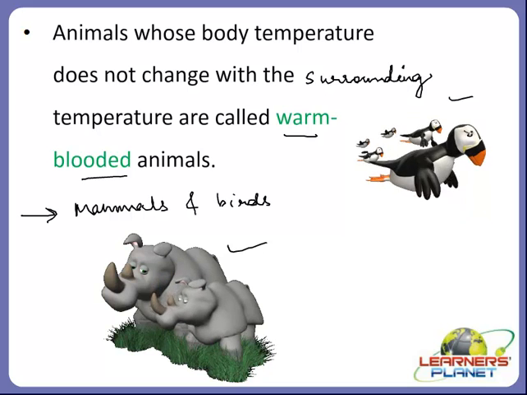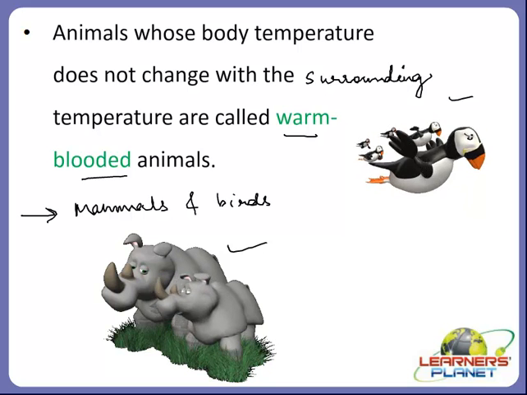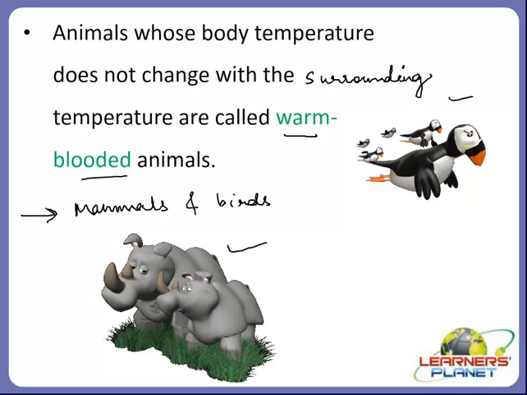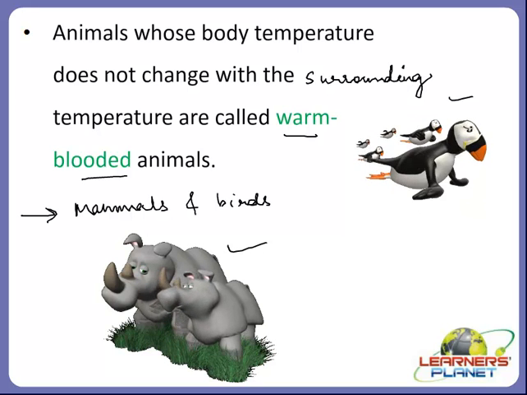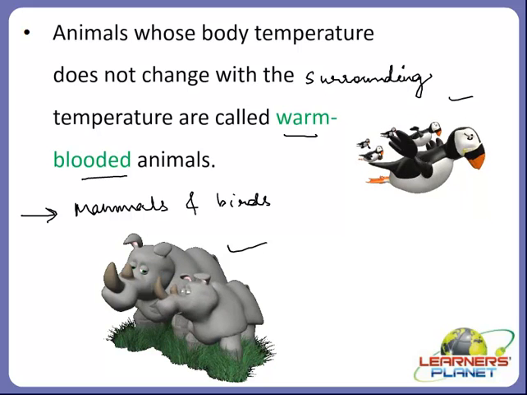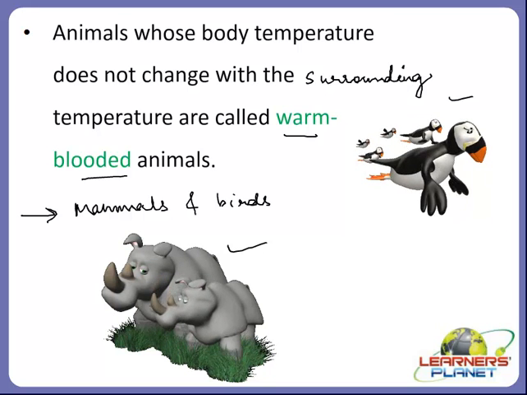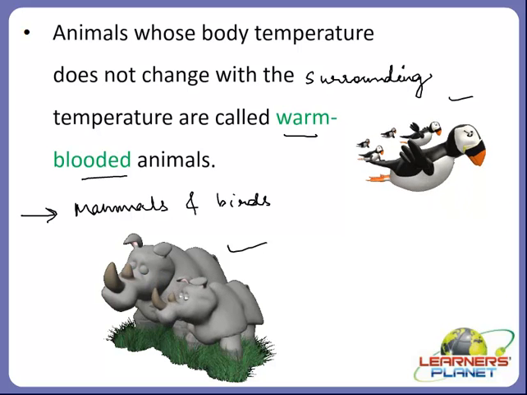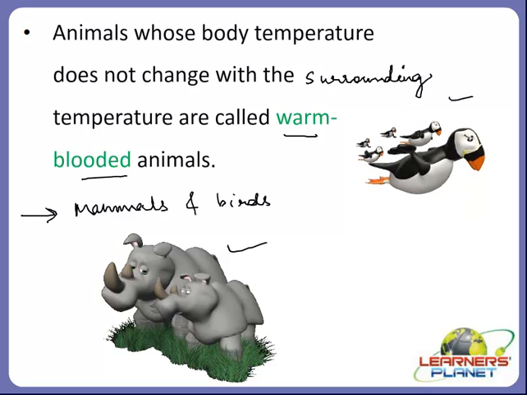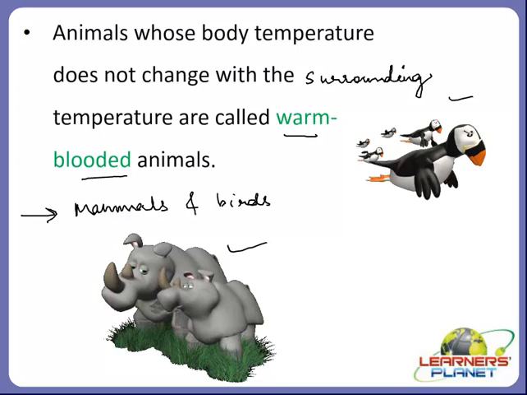So students, there are some other mammals too, like the polar bear. The polar bear is adapted to survive in the harsh temperatures of the Arctic. Now, the main point about warm-blooded animals is that they can survive in areas having extreme temperatures.